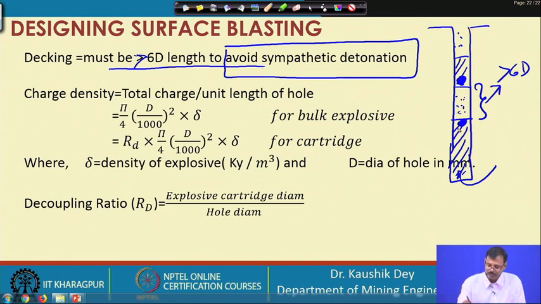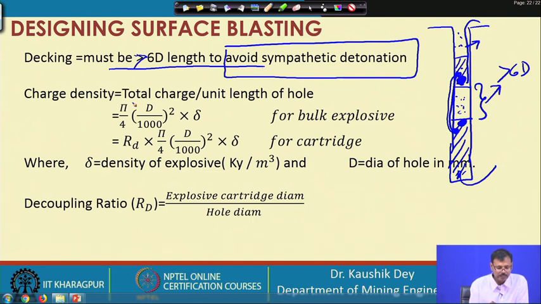It is expected that the initiation must be tapped from this place to this place, either by a detonating fuse, or it may be initiated from the top if we are very sure about the non scattering of the delay. Otherwise, the initiation must be tapped from this position to this position using a detonating fuse or something like that. The charge density is calculated.